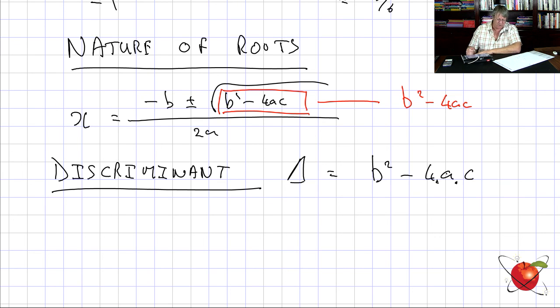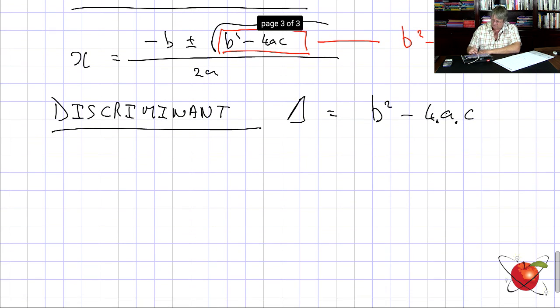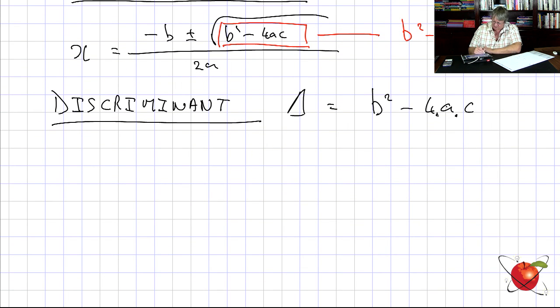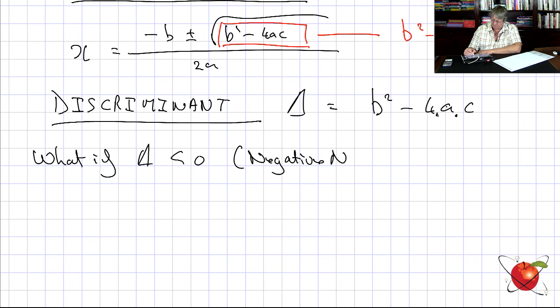Why is it so important? Well, hold on. What if delta was less than 0? In other words, it was a negative number. What would you say then? Well, the next step in the formula is we're going to take the square root of b squared minus 4ac.